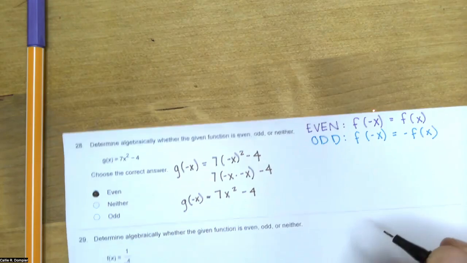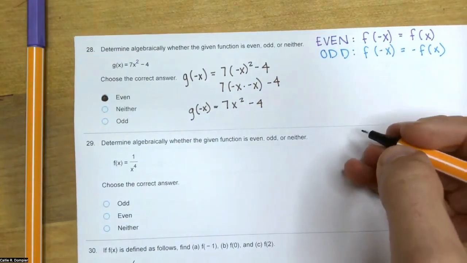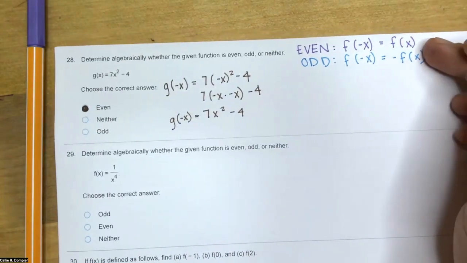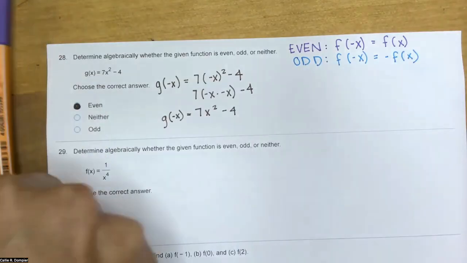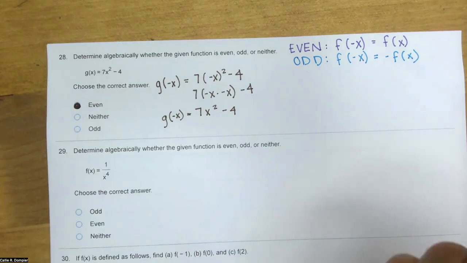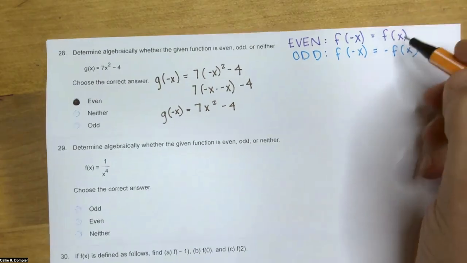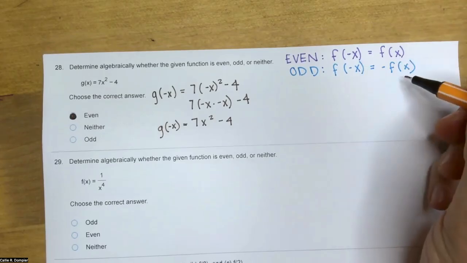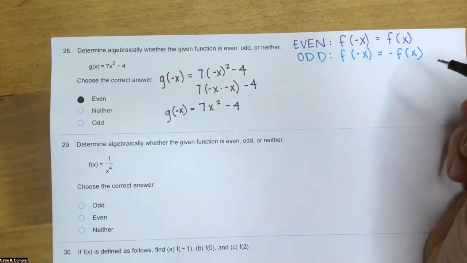29. This one's a little bit scary because it's a fraction, but don't be scared. So we're going to do the same rules. We're just going to make that x into a negative and see if we get the same answer, or if it turns the whole thing negative, or neither.